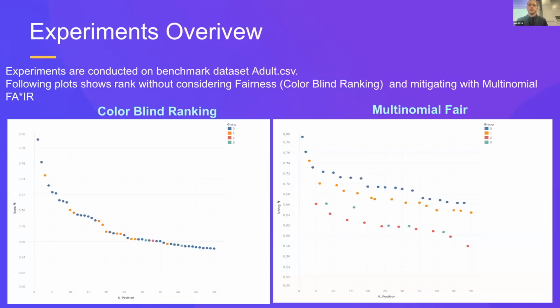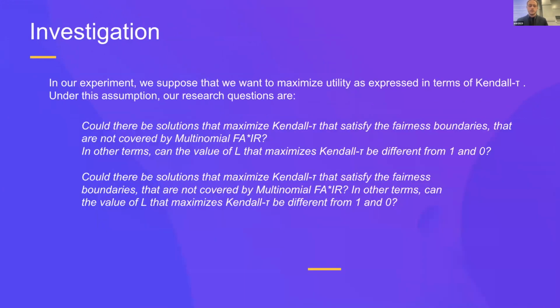The experiments are on the benchmark dataset Adult, and we have these plots that show the original rank π with colorblind ranking and multinomial FAIR, when the algorithm is run and adapts the distribution to respect fairness constraints.